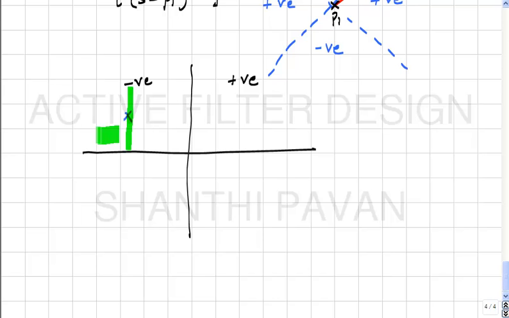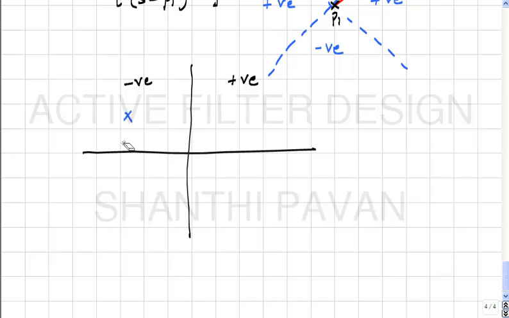Does it make sense? Okay, so what is the conclusion? This doesn't mean it must lie on the j omega axis. All that it means is that it cannot lie in the left half plane. Is that clear?